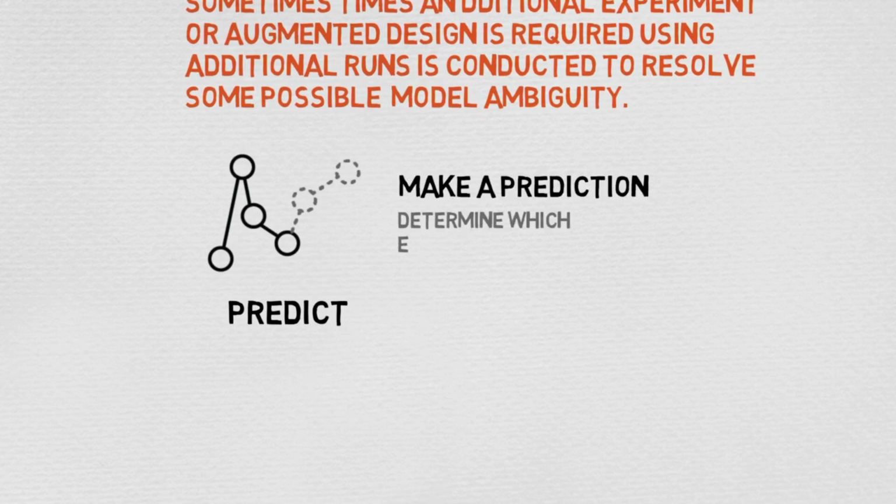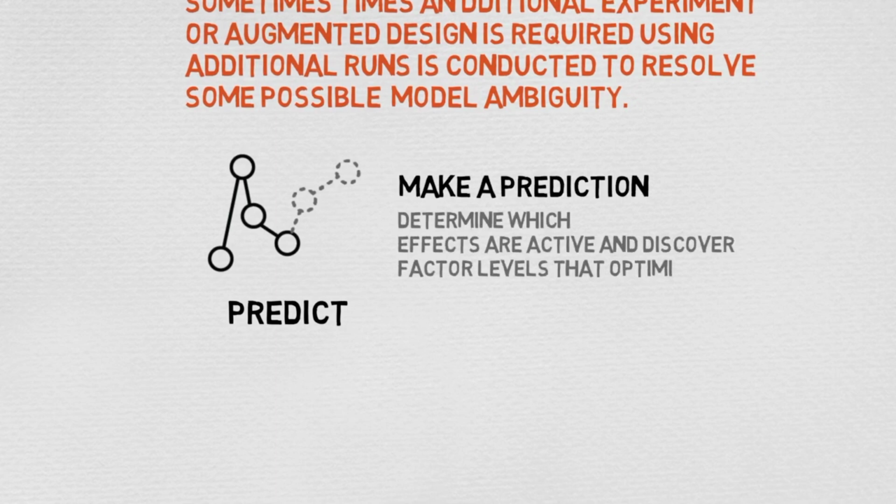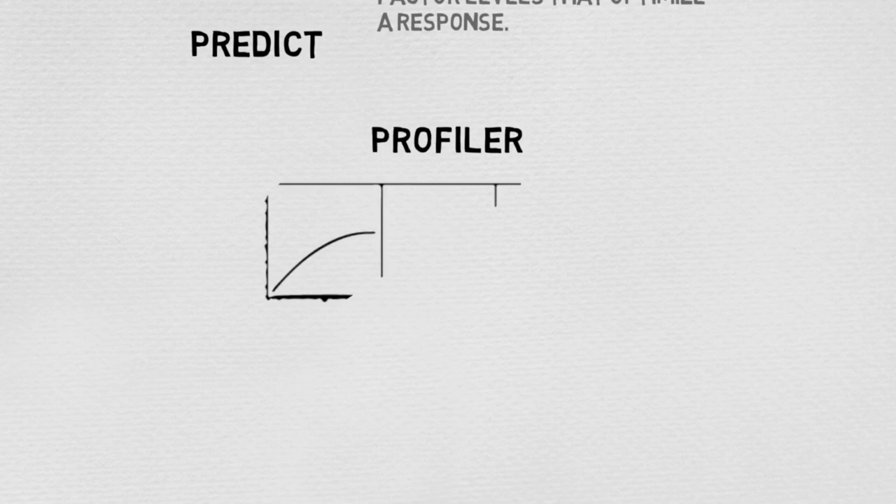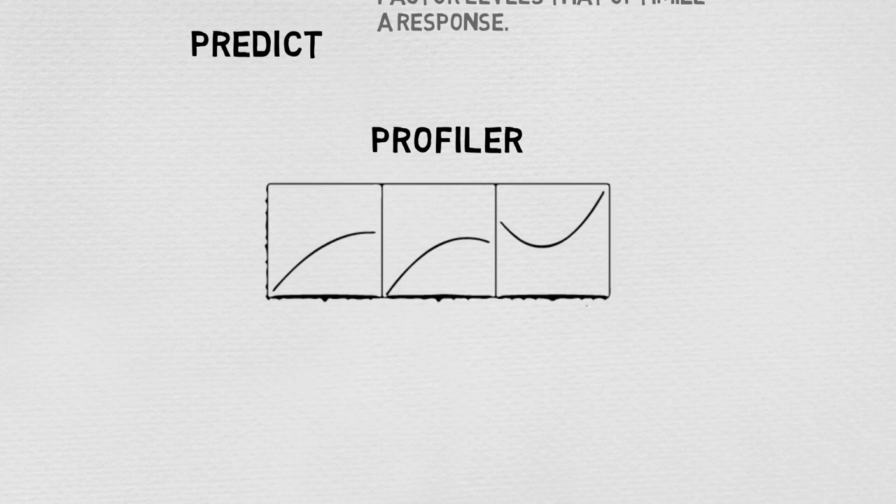You will determine which effects are active and discover factor levels to optimize a response. It's also where you'll be able to get your hands on JMP's Profiler, which is an interactive prediction tool that's built into a JMP DOE model.